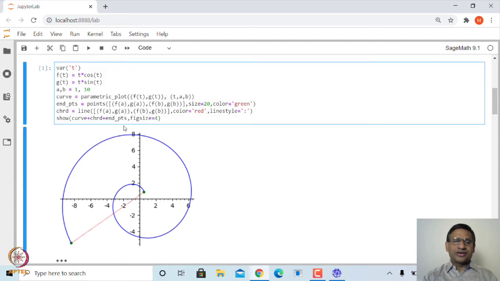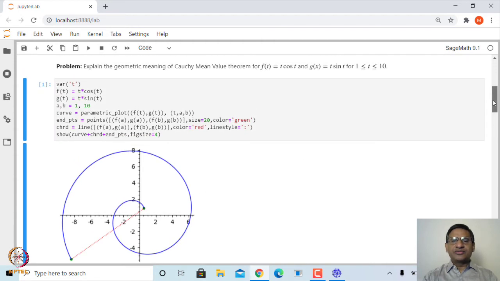We are taking a curve which is parametrically defined: the x coordinate is t cos t, and the y coordinate is t sin t. So, this point will be (f(a), g(a)), and this point will be (f(b), g(b)). So, you are looking at the chord joining these two endpoints. So, that is the chord.